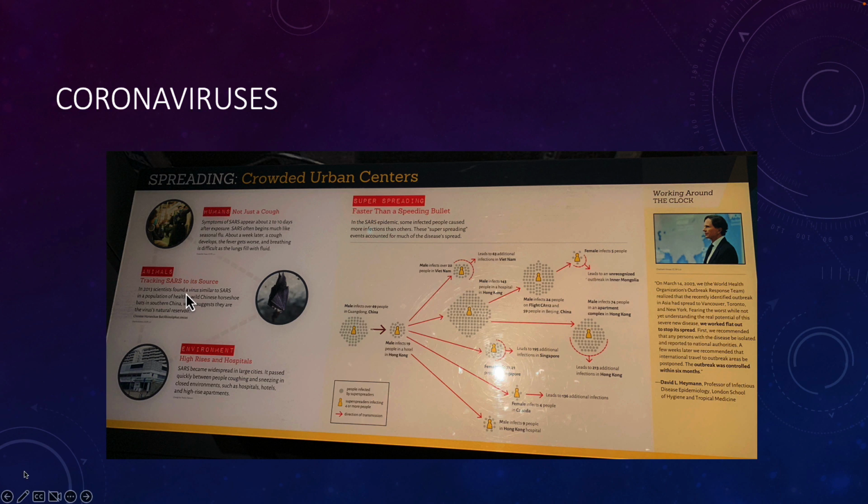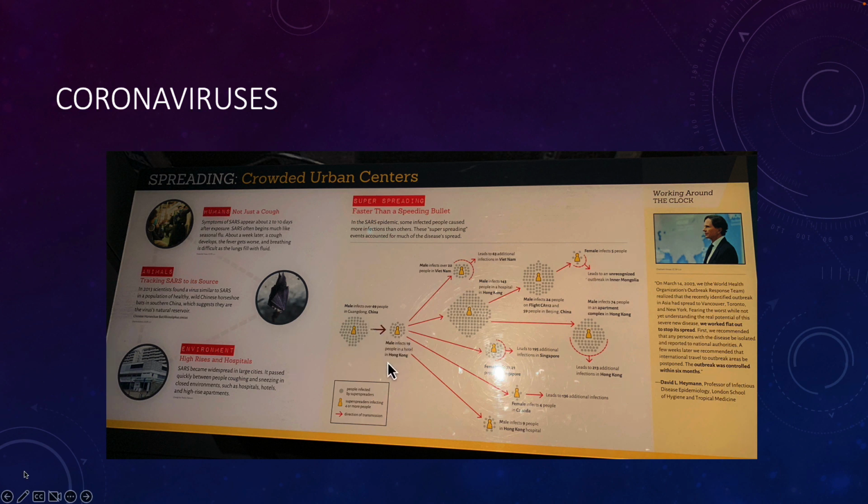So in 2013, scientists found a virus similar to SARS in wild Chinese horseshoe bats. Those might be the reservoir. It became widespread in large cities. So there was a single male patient who infected 69 people in China.